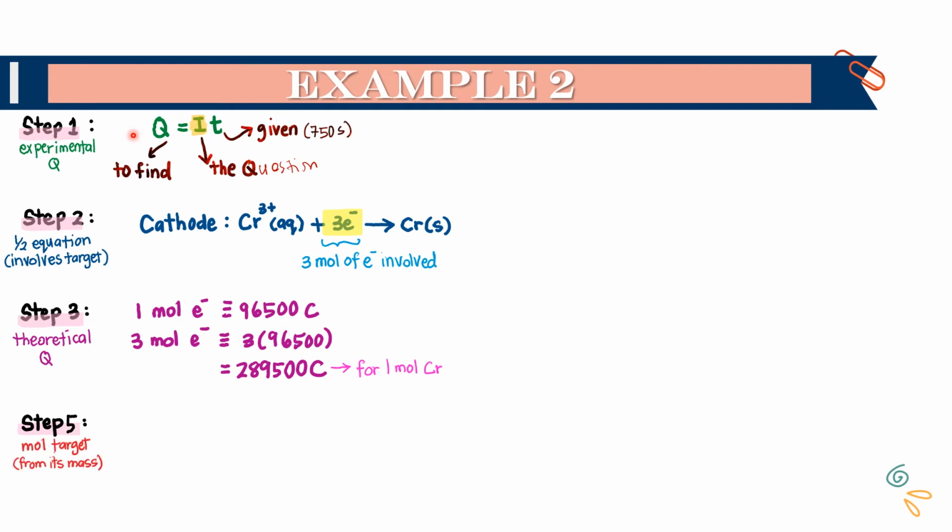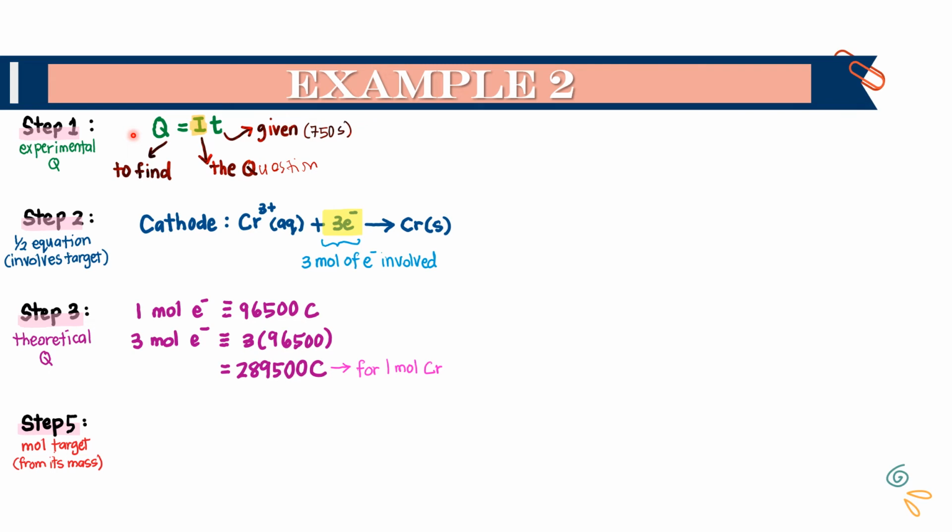Step 5, kalau yang saya tulis adalah find mass ataupun volume of target. Tapi dekat sini, we are given the mass. Kita dah diberi dah berapa mass chromium. Jadi, apa yang kita boleh dapat daripada mass chromium? Kita boleh cari number of mole of chromium. The experimental number of mole.